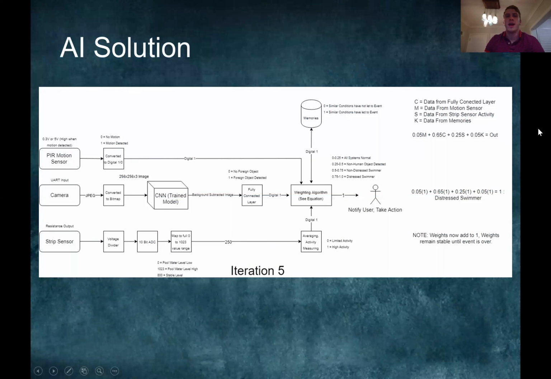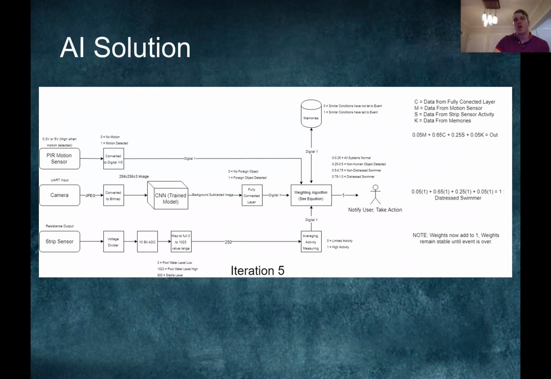So our AI solution, as Joe had mentioned earlier, the way our data is structured, ends up being fairly limited to our pool intruder or pool inhabitant monitoring system. This system works by using three sensors: a passive infrared motion sensor, a video or color image camera, and an E-tape strip sensor on the edge of the pool that will measure the water level as it fluctuates.